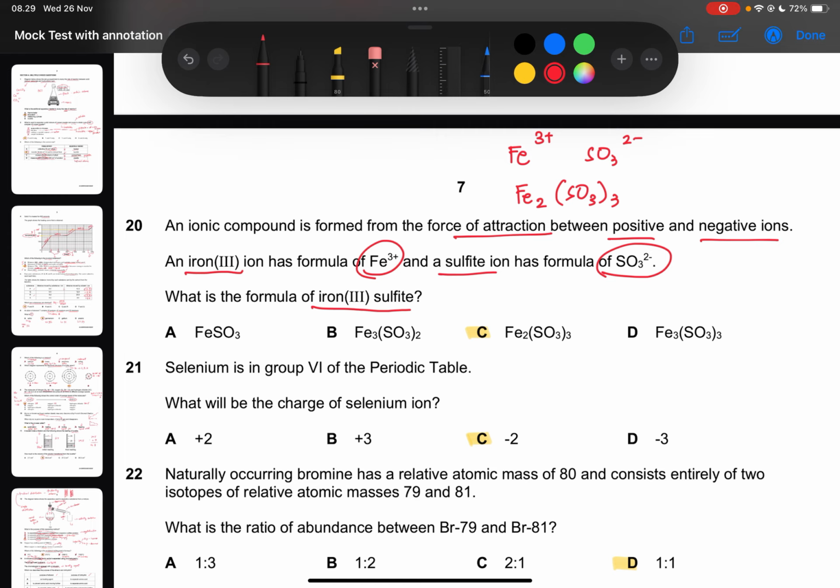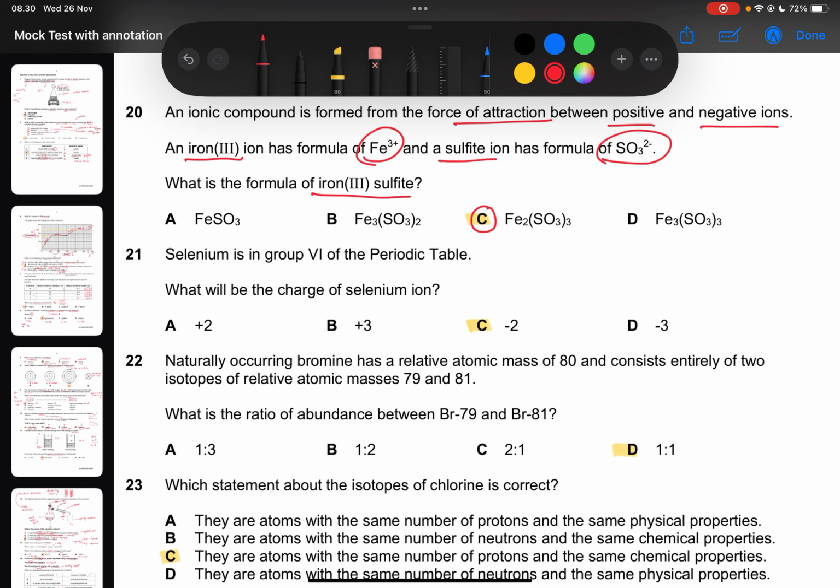We need 2 Fe3+ to match the SO3 ions, and we need 3 SO3 ions to match the iron. So this will be the formula of our iron 3 sulfite. So that's why the answer is letter C.